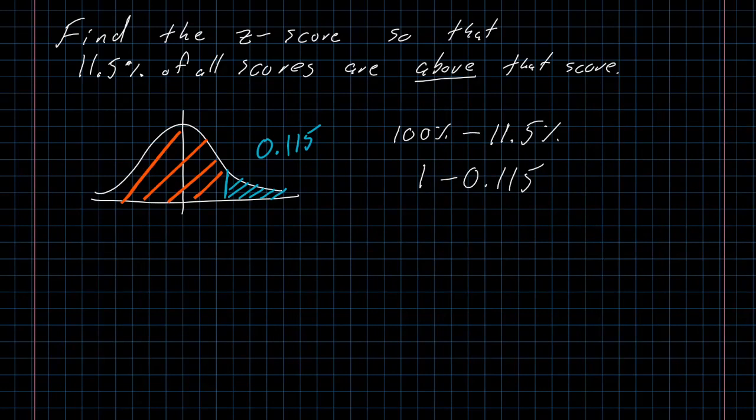If 100% of the distribution is in the distribution and 11.5% of the distribution is outside of the area we care about, we can subtract those things either as percentages or as decimal numbers, whichever makes you happier, to get the value that we need to find on the table. 1 minus 0.115 is 0.885.